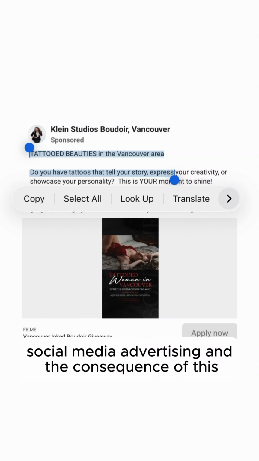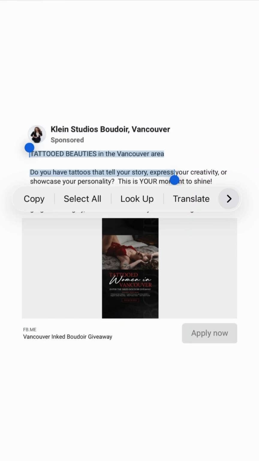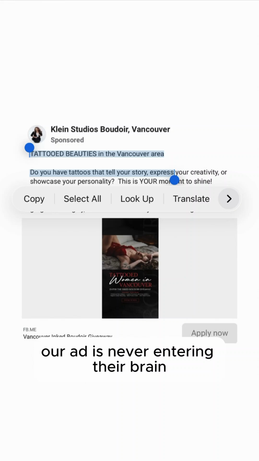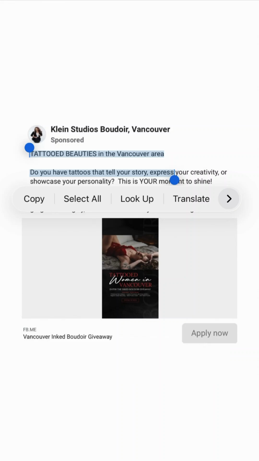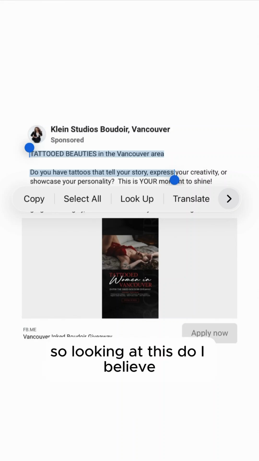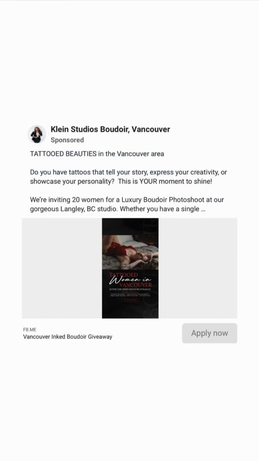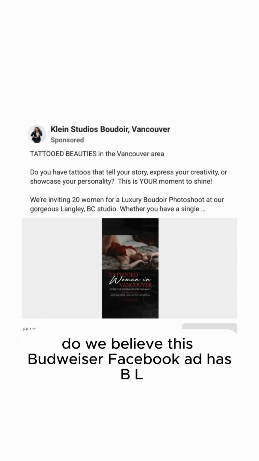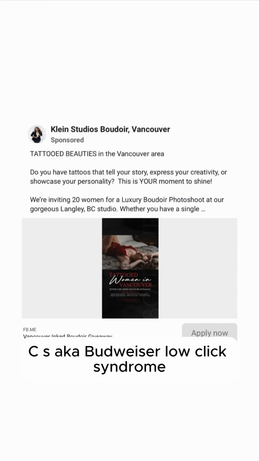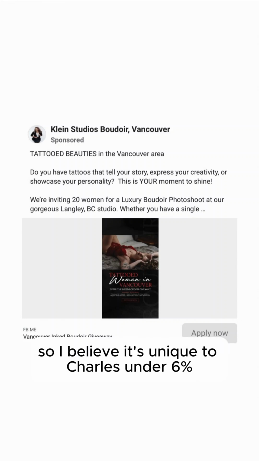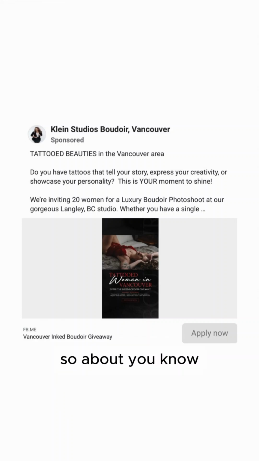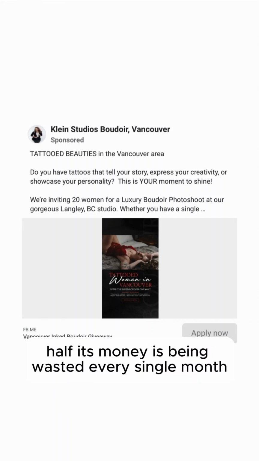And the consequence of this, way more women that could be the perfect fit for our ad are scrolling right on by. Our ad is never entering their brain. Those women could have bought from us though. So looking at this, do we believe this Boudoir Facebook ad has BLCS, aka Boudoir low click syndrome? Yes, I do. So I believe its unique CTR is under 6%. So about, approximately half its money is being wasted every single month.